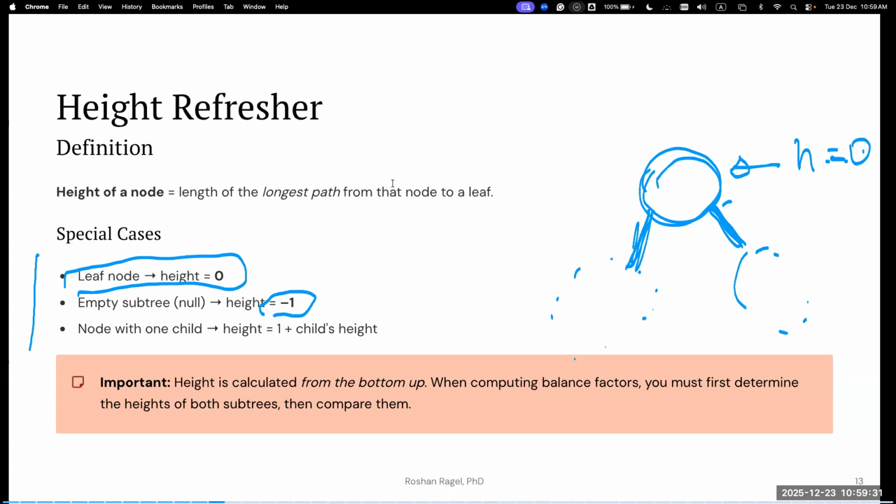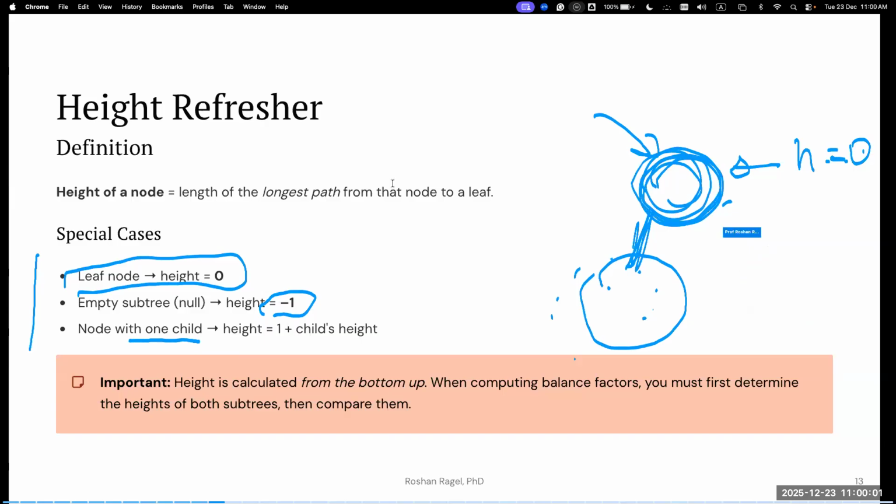And the height of a node with one child, right? So let's say there's one here. The height of this node, and there's no child there, right? So I'll erase that part. Right, so the height of this node is going to be the height of the child plus 1.